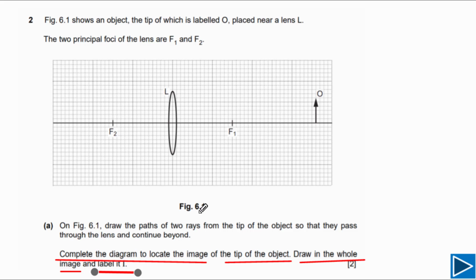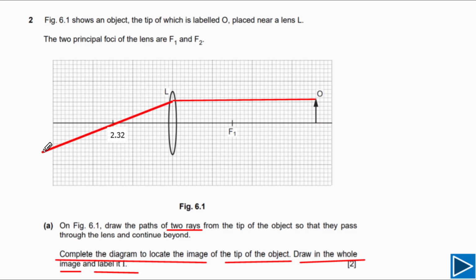We need to use two standard rays as it is mentioned here. Draw two rays. We will draw one ray from the tip of the object and parallel to the principal axis, and this ray, after refracting from the lens, has to pass through the principal focus.